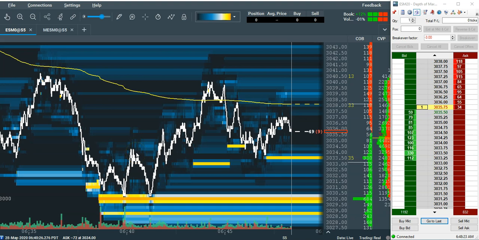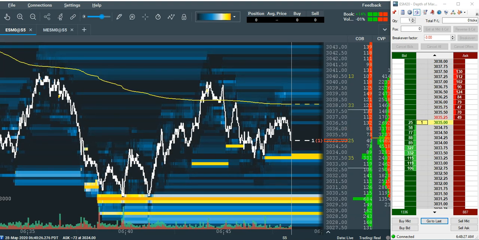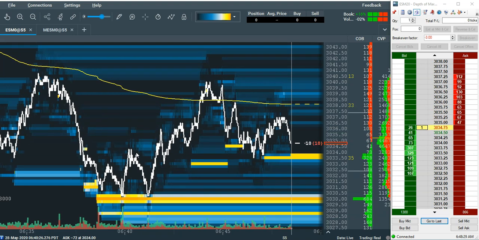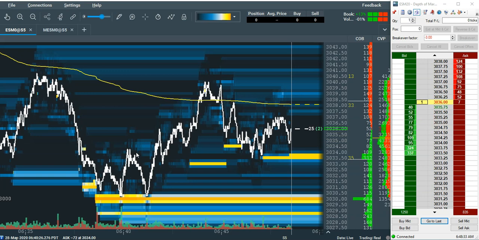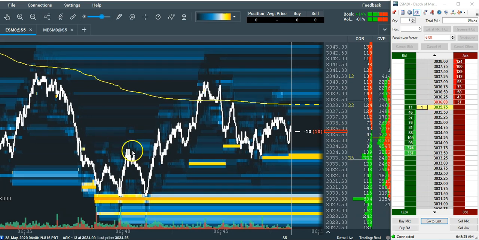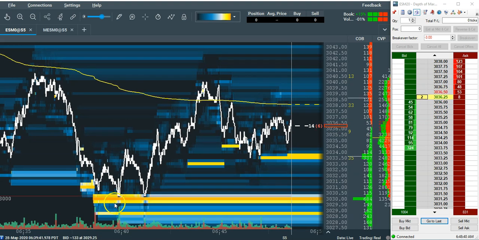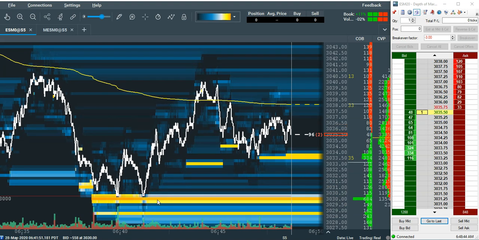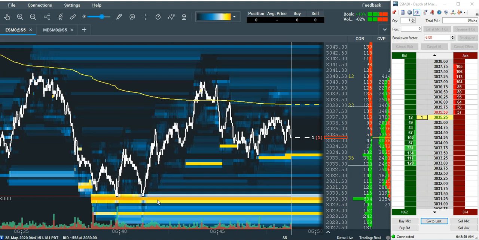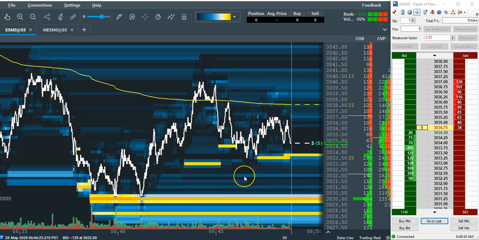And if you were risking 1 point to make 5 on 5 contracts, you're talking $1,250 you could have made on this bounce right here, okay, with 1 point of risk using Bookmap. And so there are multiple different ways to trade Bookmap, but it's more a visual experience.